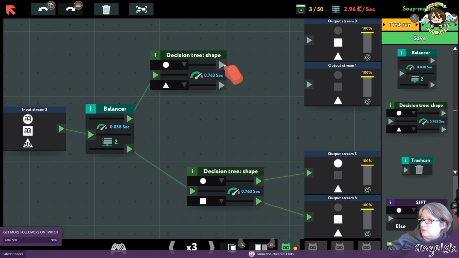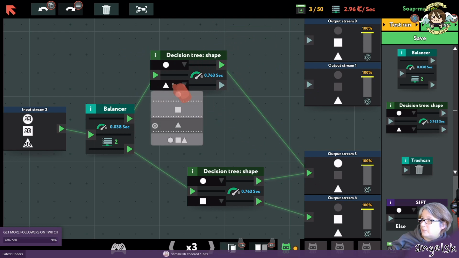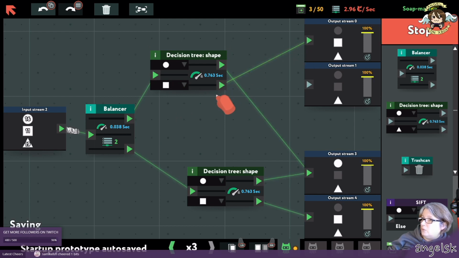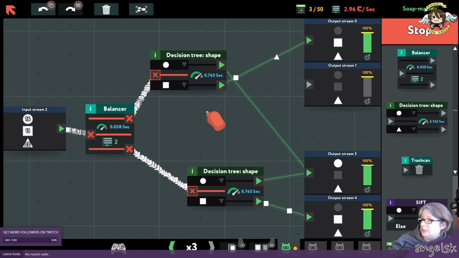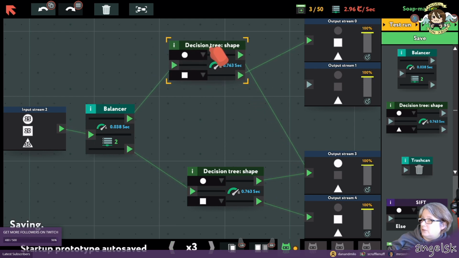This side we're going to do circle. Do we have to do all outputs? Probably should do all outputs.